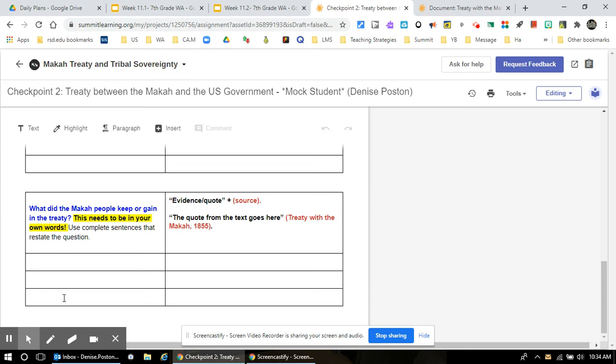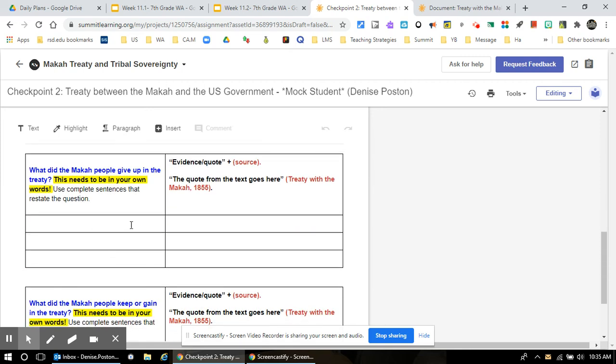It would be an example. Or the Macaw people gained a certain amount of money. So I don't want to give you the answers, but those would be examples of rewording it. Or in the treaty with the United States government, the Macaw people finished the sentence.